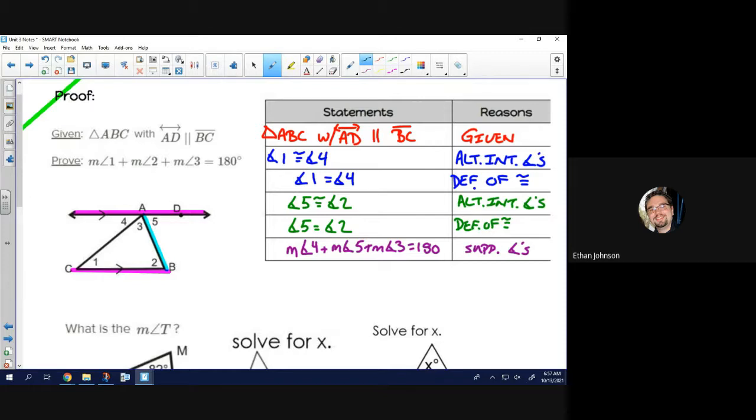Now, unfortunately, we do have one last step. We have in our proof the measure of angle 4, which we know is the same thing as 1. So I can replace the measure of angle 4 with the measure of angle 1. We know the measure of angle 5 is the measure of angle 2, so I can replace that.